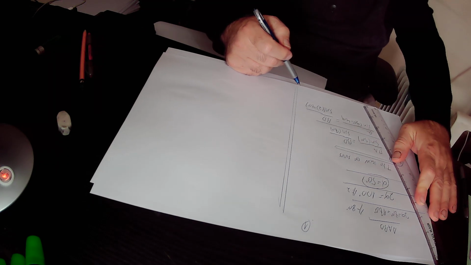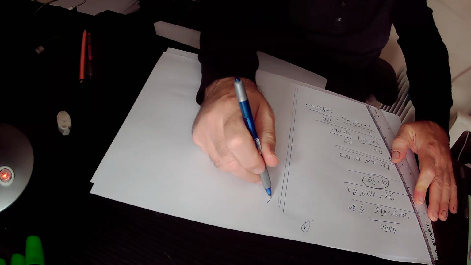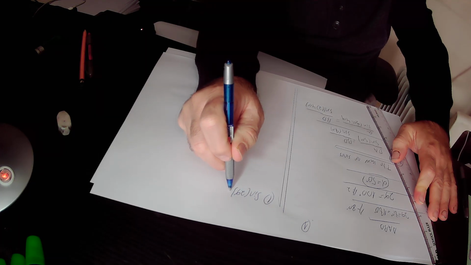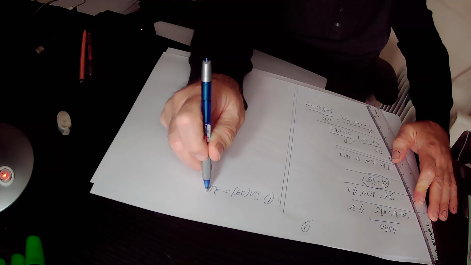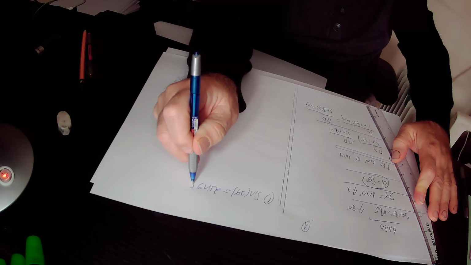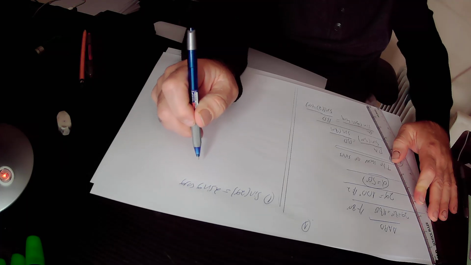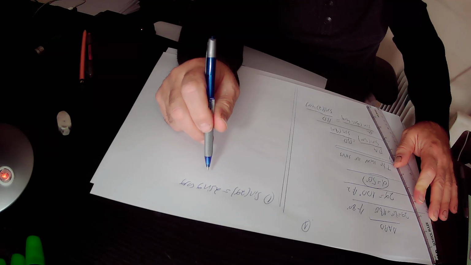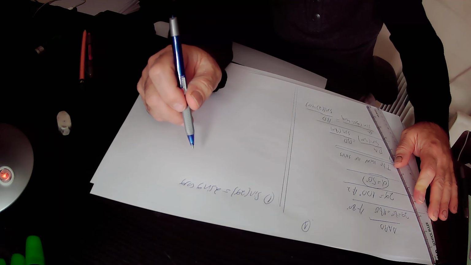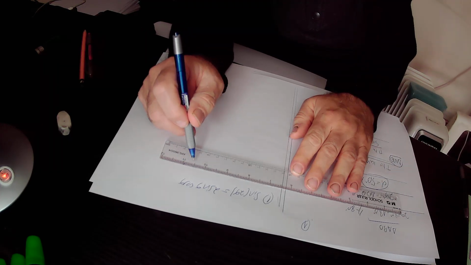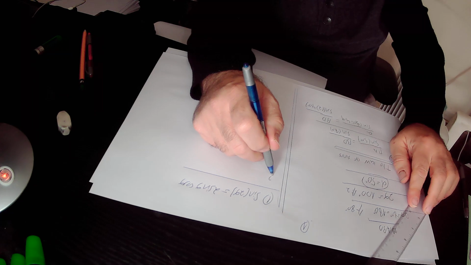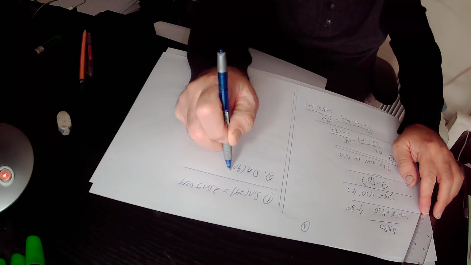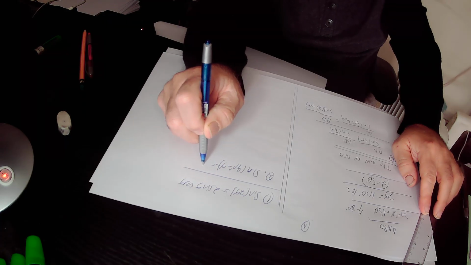The first trigonometric identity is as follows: sine 2 alpha equals 2 times sine alpha cosine alpha. And the second trigonometric identity is as follows: sine of 90 degrees minus alpha equals cosine alpha.